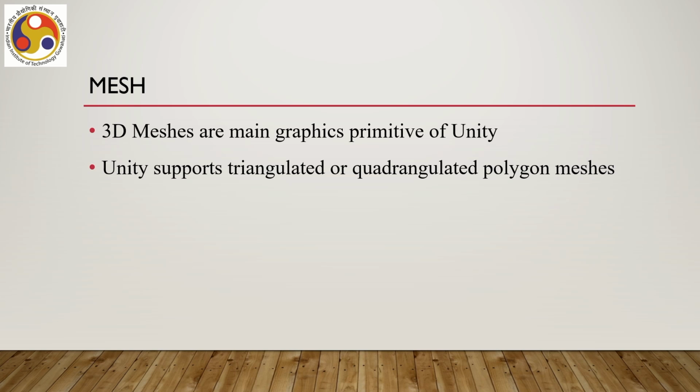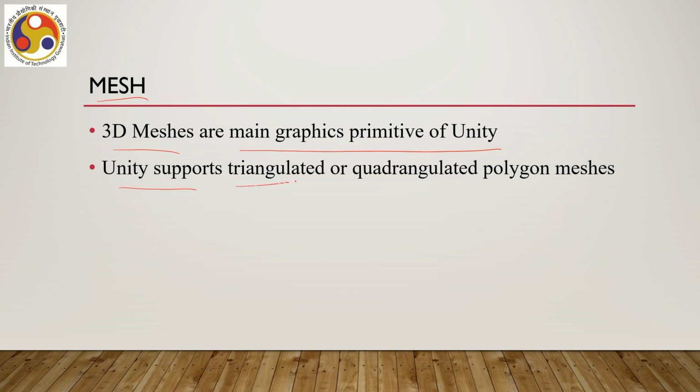Now, these models contain data related to several things including mesh, materials, textures. So, let us see what those data are. 3D meshes are the main graphics primitives of Unity, and we have seen how we can convert an object definition to mesh representation. We have discussed it earlier. So, there is direct support for that in Unity.